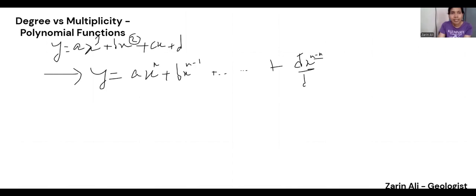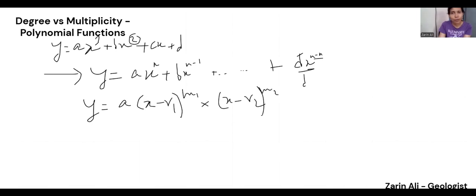And interestingly, you can now factorize it. If I were to factorize it and put it in a generalized form, then it will be y equals a into x minus r1 to the power m1 multiplied by x minus r2 to the power m2.